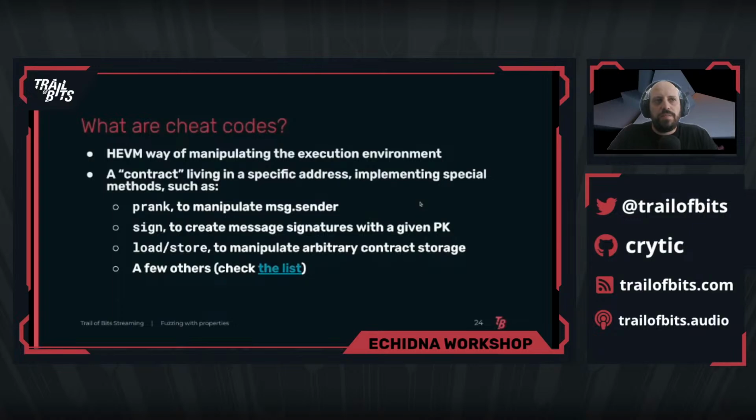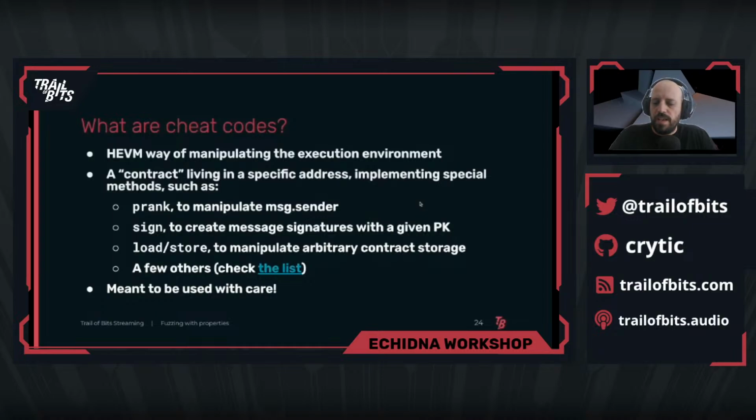But the interesting point here is that this is meant to be used with care, because abusing cheat codes is an easy way of having false positive or false negative results in your tests. You can do stuff that you would normally not be able to do in a live environment, such as, for example, starting transactions from contracts, initiating calls to external functions from a contract.